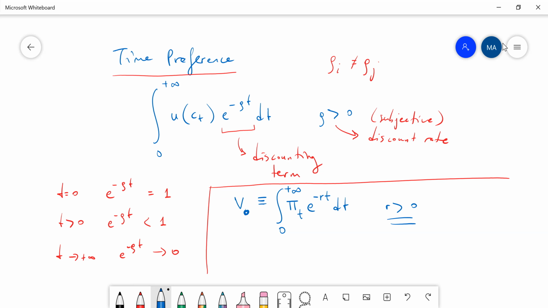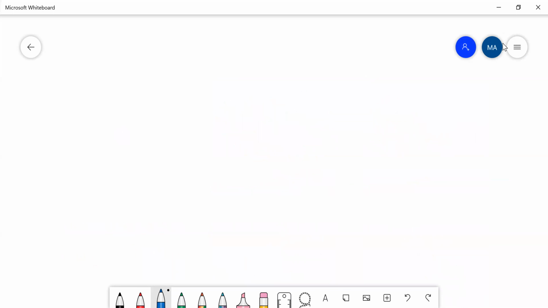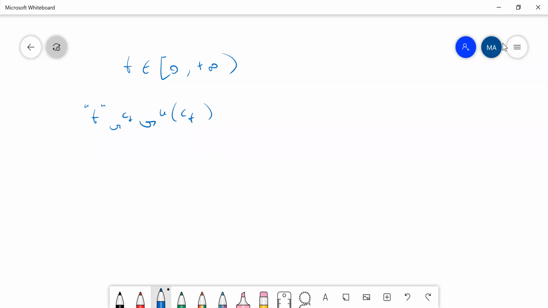So in other words, what I am using is this. So this is the current value. Let me use a different page. So this is for this horizon. I take any t, okay, any t, and I have this utility flow. I have the consumption, then I have the utility flow.